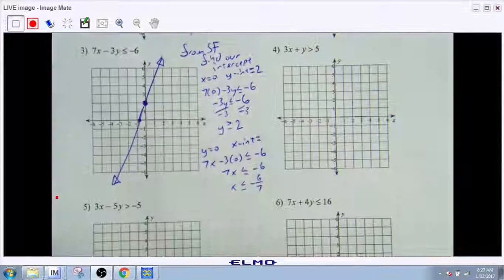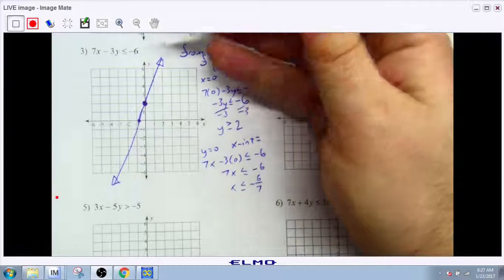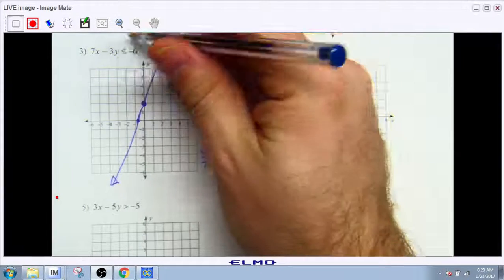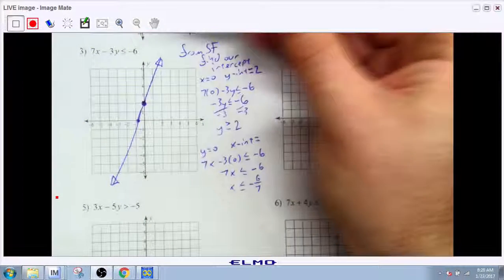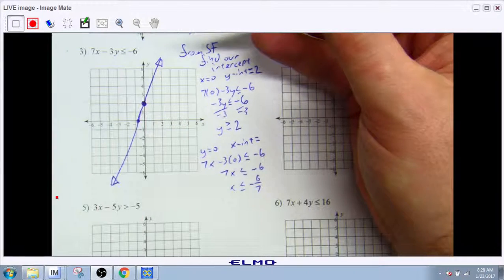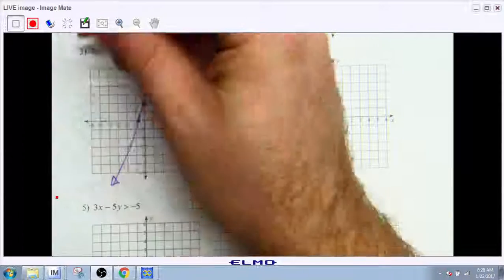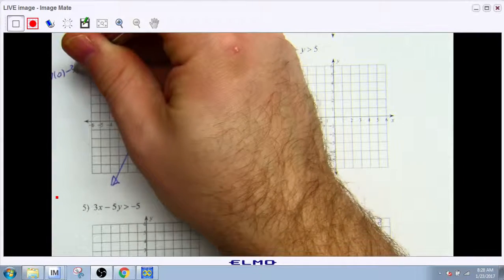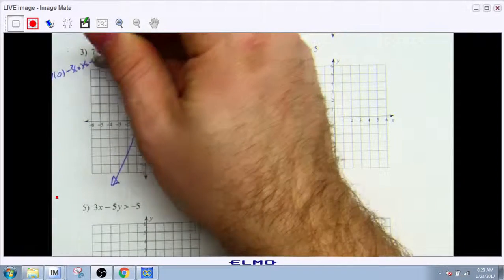And now I need to figure out what side I shade on. So again, I'm going to do the test point. When I plug in 0, 0 here, and this is where plugging in 0, 0 makes it super easy on the standard form, I plug in 7 times 0 minus 3 times 0, and is that less than or equal to negative 6?